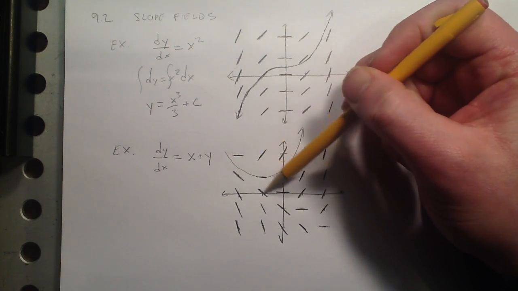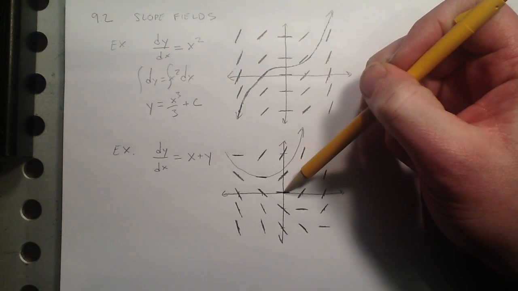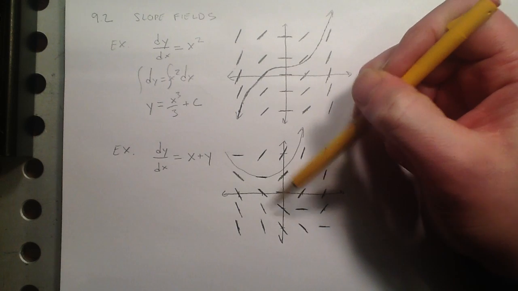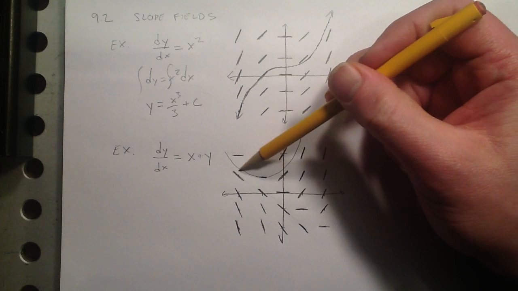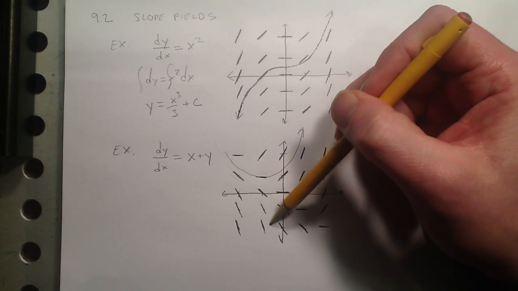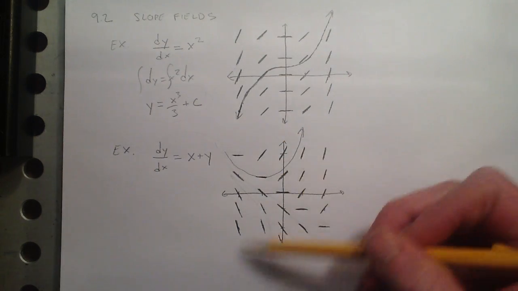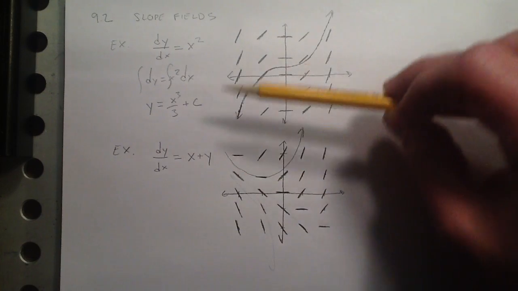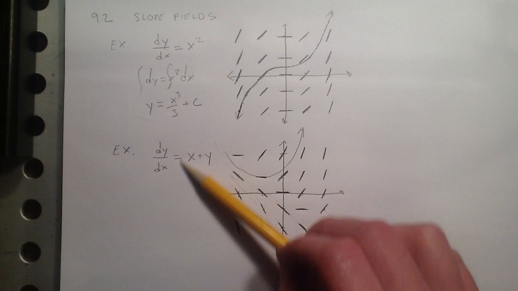And you can see that it looks like this line, what is that, the line y equals negative x minus 1. It looks like that's some kind of asymptote here. I'm going to get closer and closer to that. If I started down here, the solution curve would go down like that. So it's some interesting family of curves. It's not just a matter of a plus c that moves it up or down, right? Because this one depends on both the x and the y.